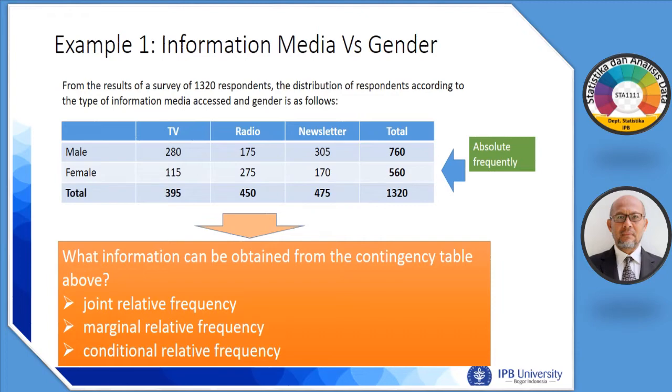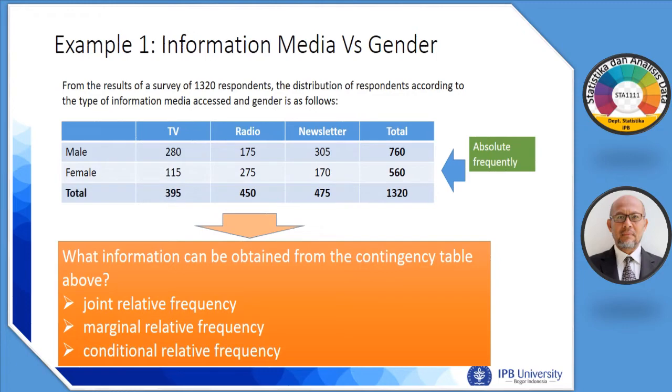And then the total number of respondents who watch television is 395, followed by radio 450 and newspaper 475. And then the total of respondents is 1,320. So we call the total of row as well as column the absolute frequency.